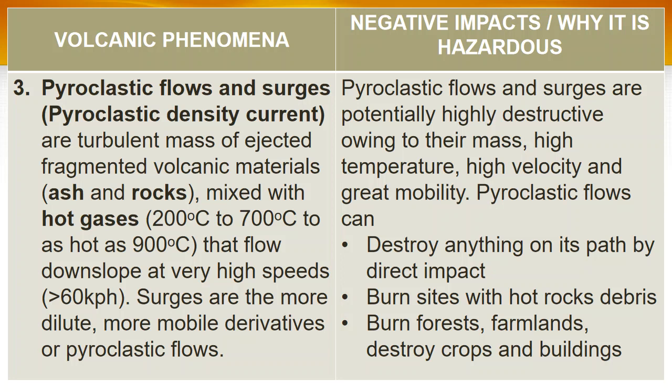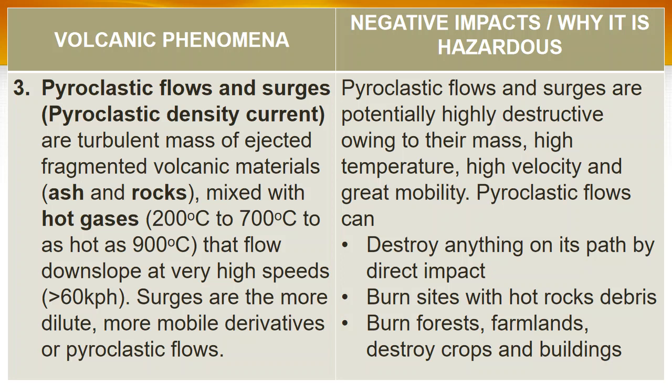The surges are the more dilute, more mobile derivatives of pyroclastic flows. So what are the impacts of these pyroclastic flows? These flows and surges are potentially highly destructive owing to their mass, high temperature, high velocity, and great mobility.